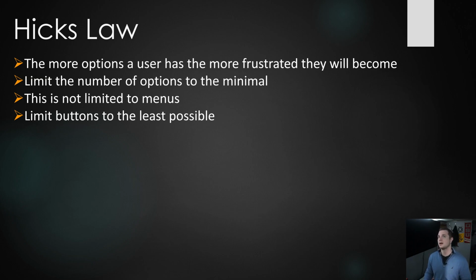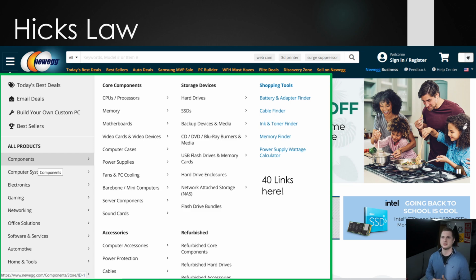Okay, so if we come over here, this is a good example. If someone's new to this site, they're going to be very frustrated. There are too many options. Just on this screen alone, there are 40 links. Especially if you're not a computer hardware enthusiast, you don't know what these links even do.